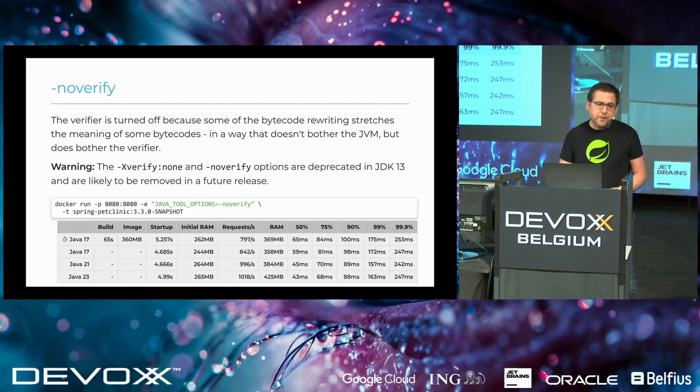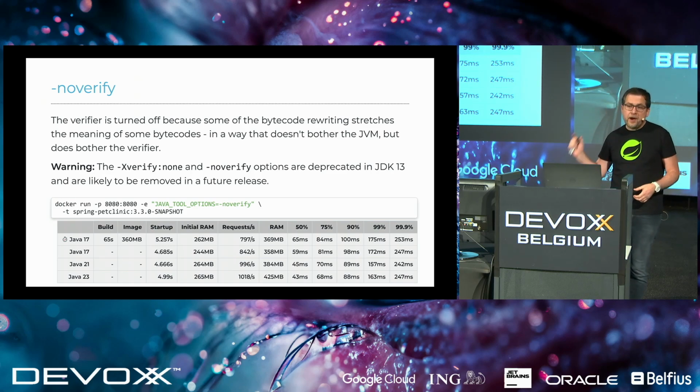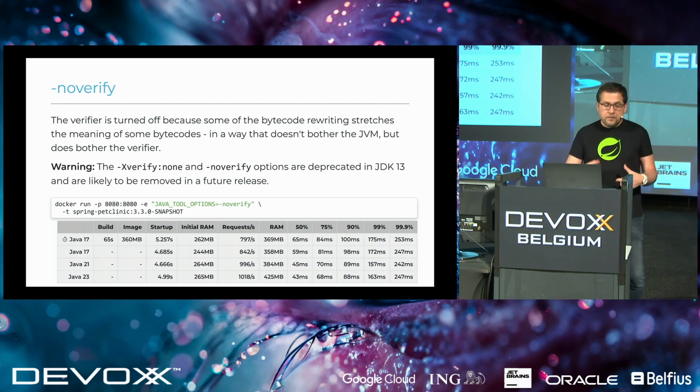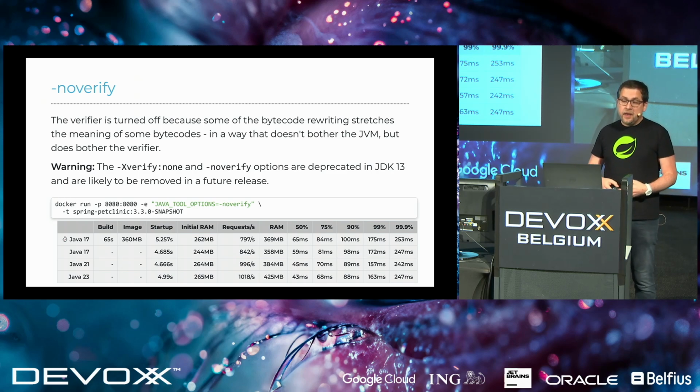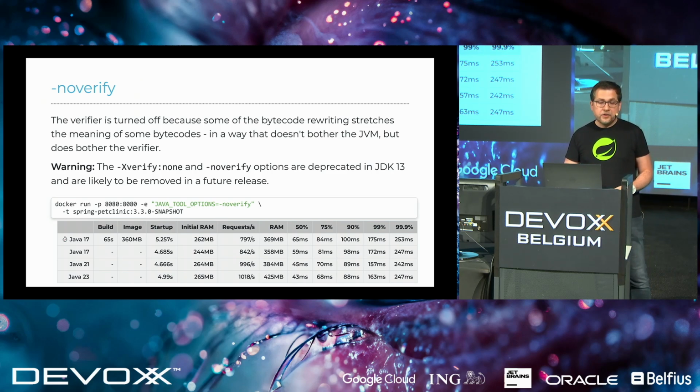I'm using here for the buildpacks the Java tool options to provide another parameter to the JVM, and that's why I just have up there in the script this no-verify in the Java tool options. But everything else should really be the same, except if you're loading a lot of new classes, right? So startup time with no-verify is better than the Java 17.